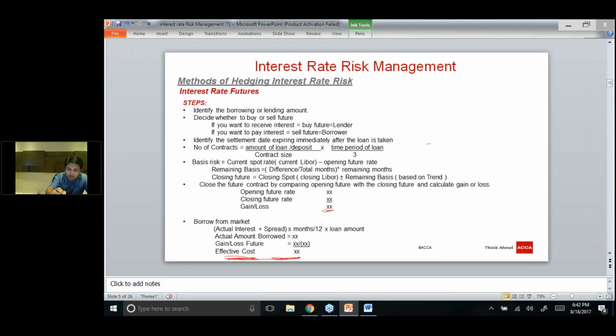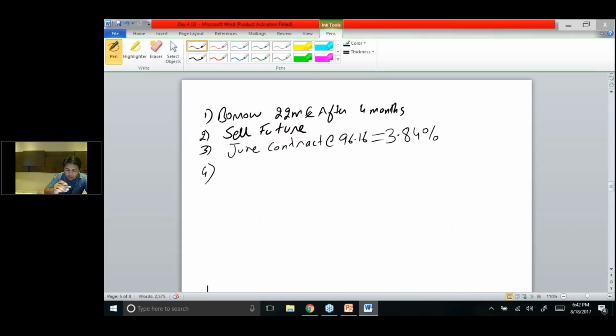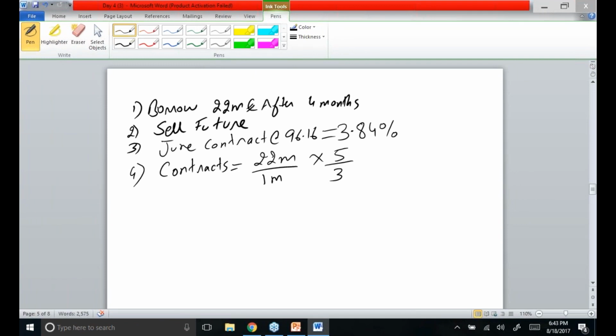Fourth step was number of contracts. This was the formula. Okay, contracts are 22 million and contract sizes of 1 million, and you are taking loan for 5 months and 3 is a standard term. Just check the contract size.